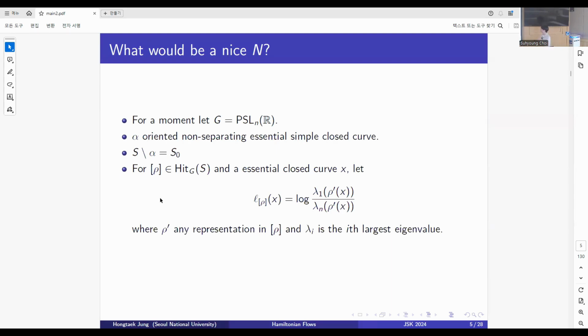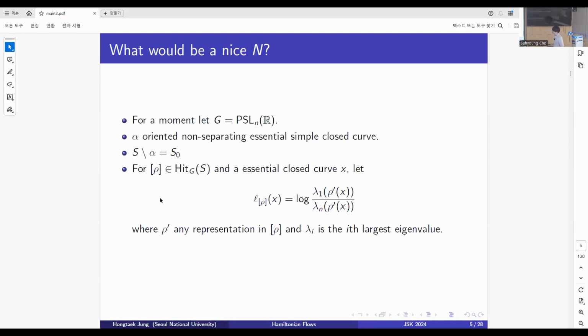And we define some quantity which will play the role of length in the Hitchin component, which is defined as follows. We pick an element rho in the Hitchin component and pick any essential simple closed curve X. Then the length of X with respect to rho is defined by the logarithm of the largest eigenvalue over the smallest eigenvalue.